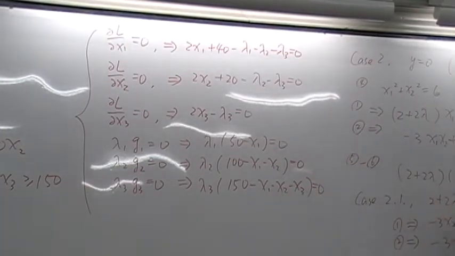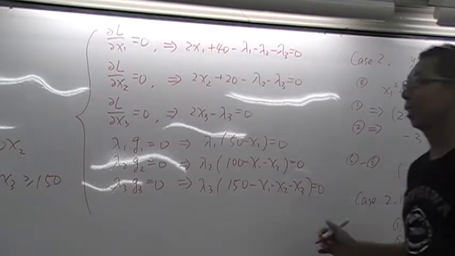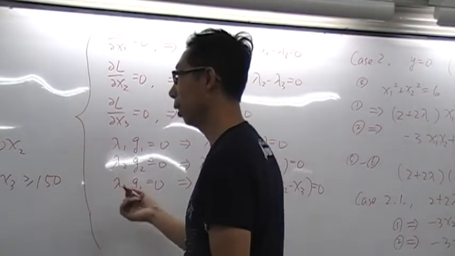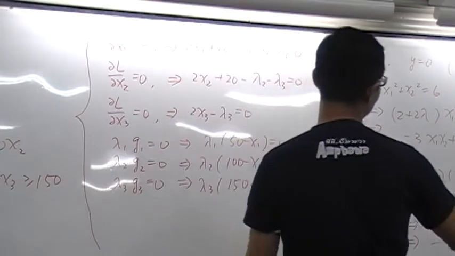Okay, so that's the second part, lambda G equals 0, and then the next is just G being non-negative.